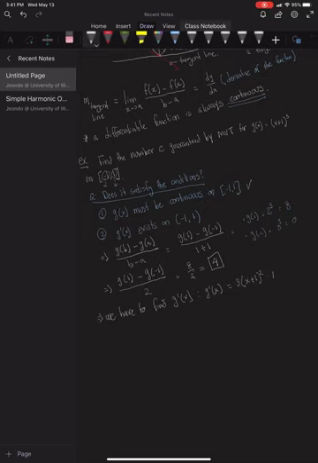So G prime of c is 3 times c plus 1 squared. So G prime of c is this.